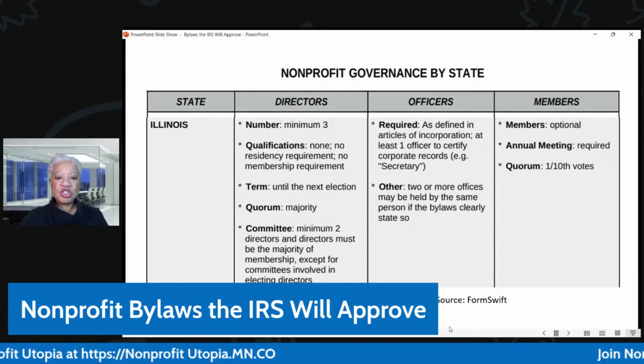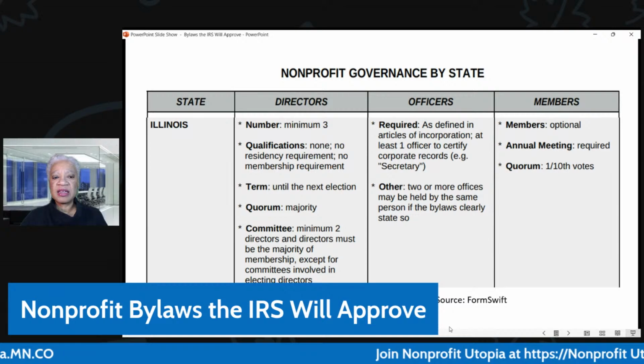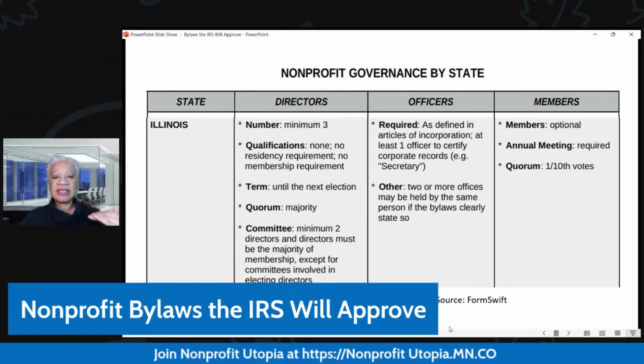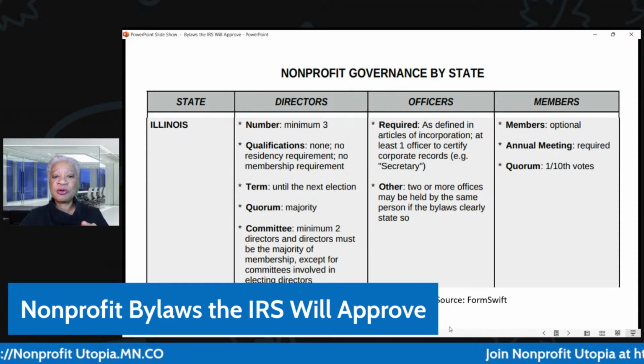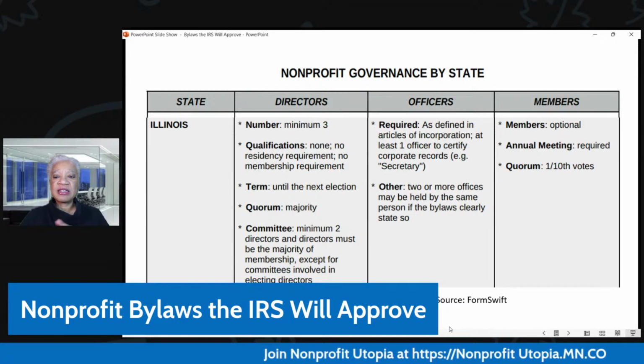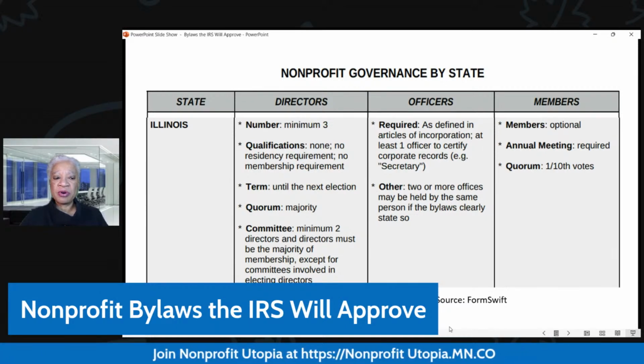All right, so this is an excerpt from a chart that was done by FormSwift. And I'll make sure that our members have this chart in our community. This chart outlines, state by state, what the requirements are from the attorneys general as they relate to directors, officers, and members.